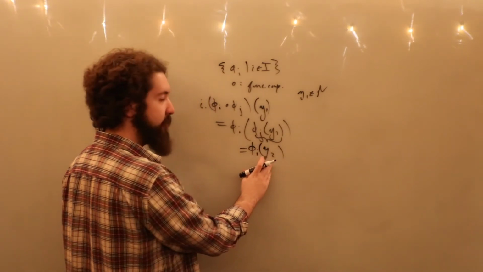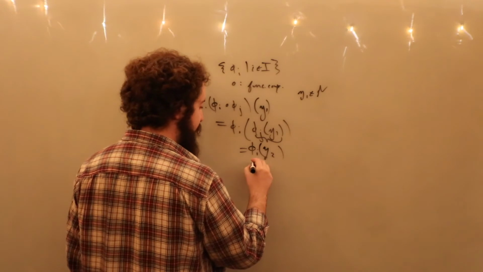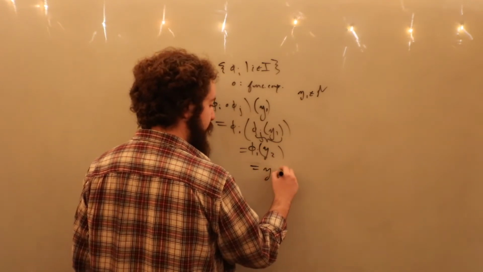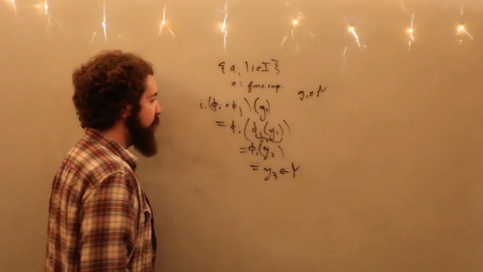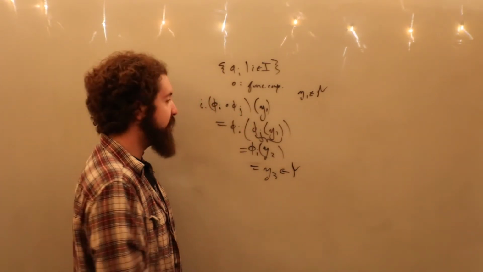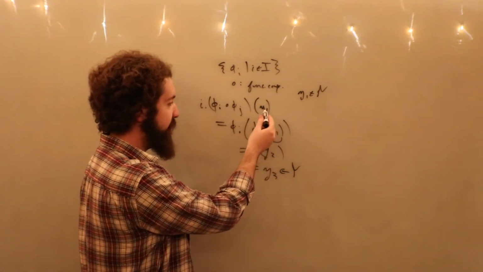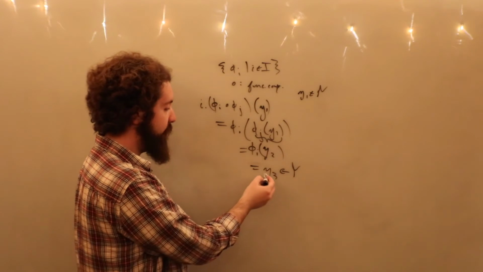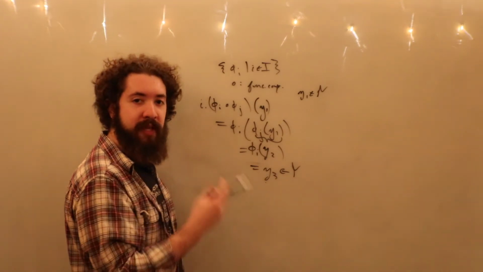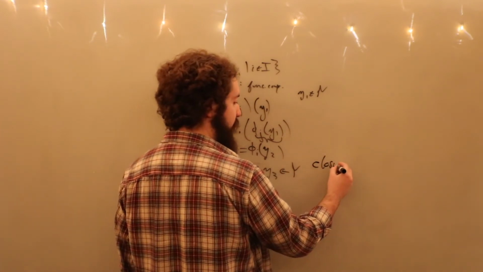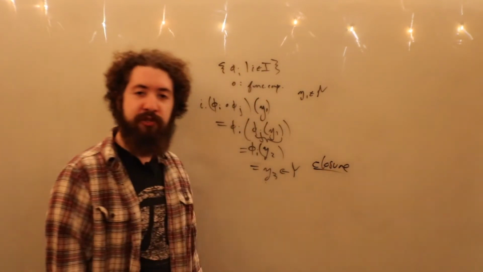Since Y2 is in the set big Y, this is also going to map us to another element, you can call it Y3, which is once again in Y. So what we get is that the composition is a bijection X to X, which for all elements Y1 in Y sends them to another element, namely Y3 in Y. So we have closure, which is always the first thing we should check.